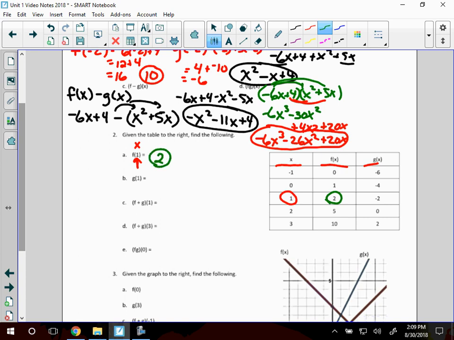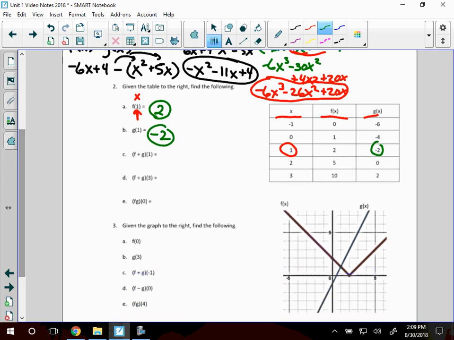Okay. So take a second to find g of 1. So g of 1, I'm going to find an x value of 1 in my table, but now I need to go to this last column. So g of 1 is negative 2.